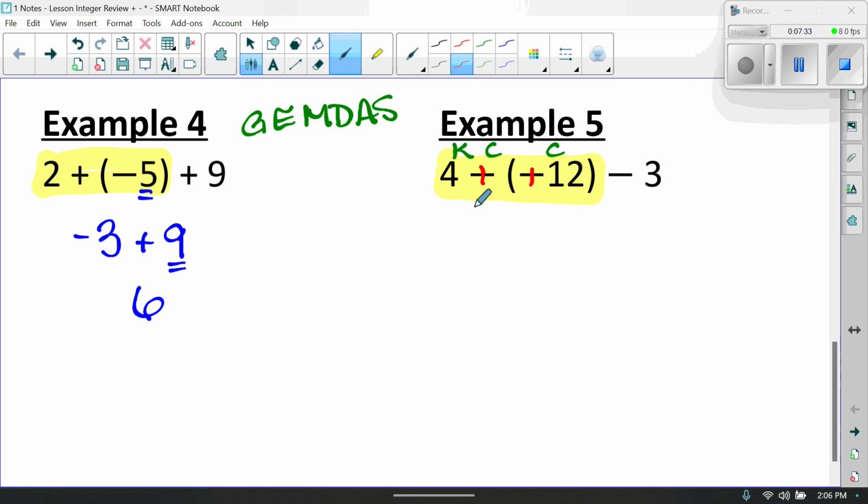Again, when you're marking the problem, please make sure you're using your colors. Okay? So here we have 4 plus 12. That's 16. Minus 3. And now here, do I have to do keep, change, change on this even though it's a subtraction? No, we don't have to do that because this is how we always subtract. So 16 minus 3, that's going to give us 13.